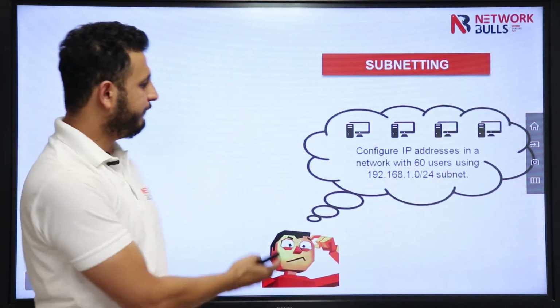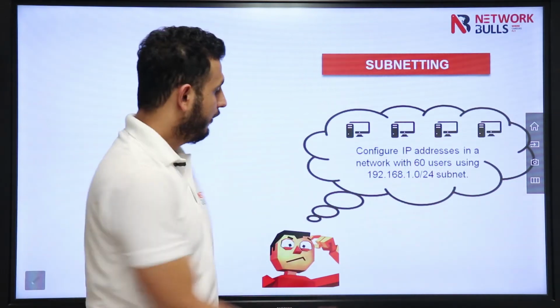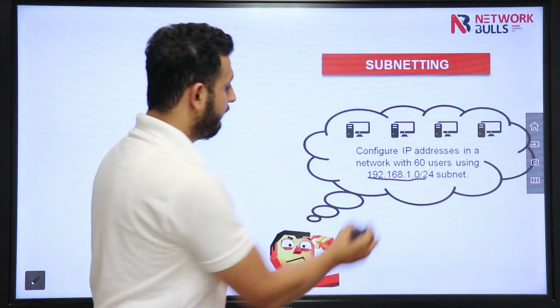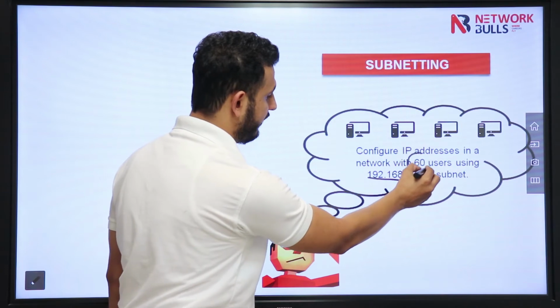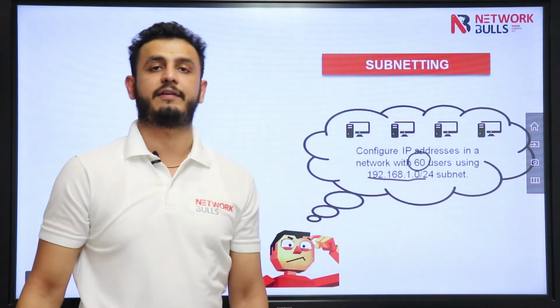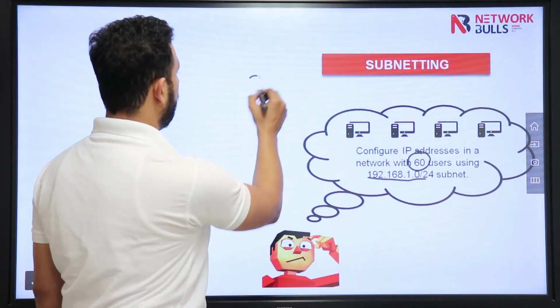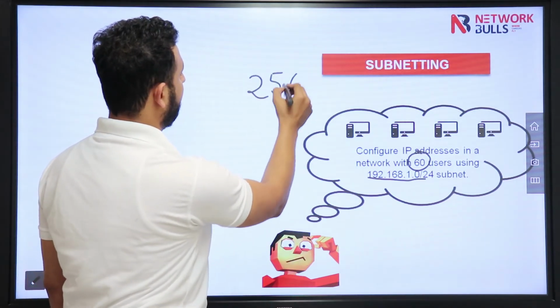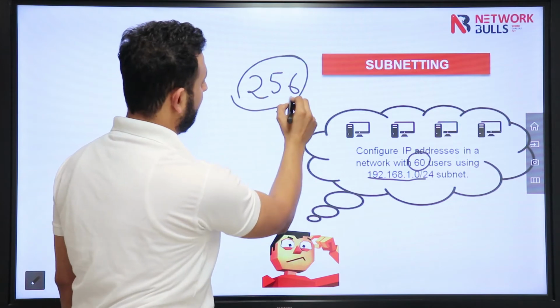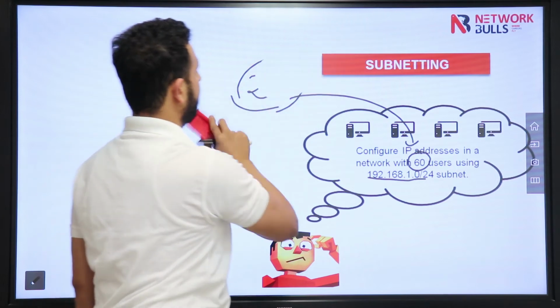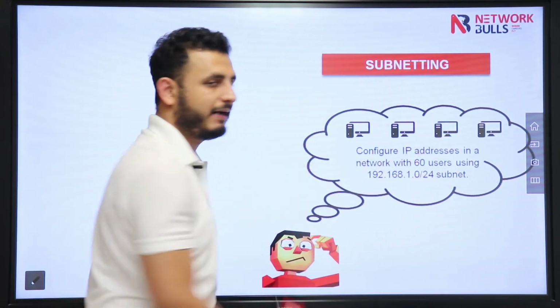All of you can see this confused guy because from this network he wants a network which consists of how many users? 60 users. He does not need a big network of 256 users. He needs a network only which can contain 60 users. So first of all, let's see how you can divide a network.